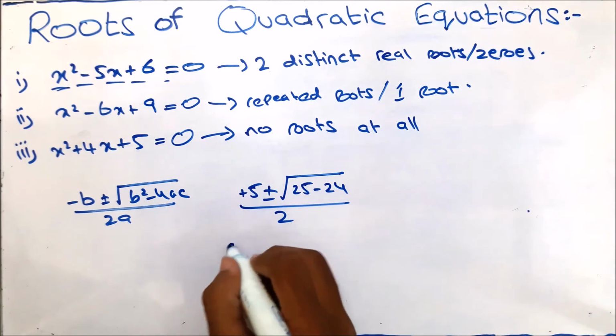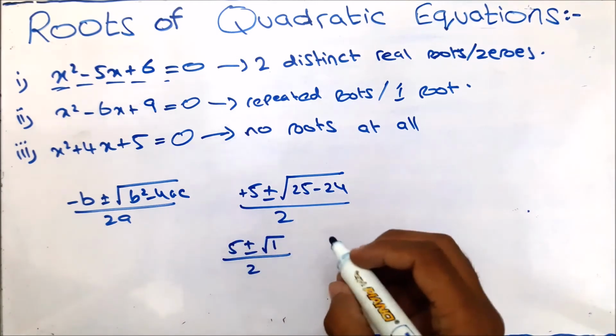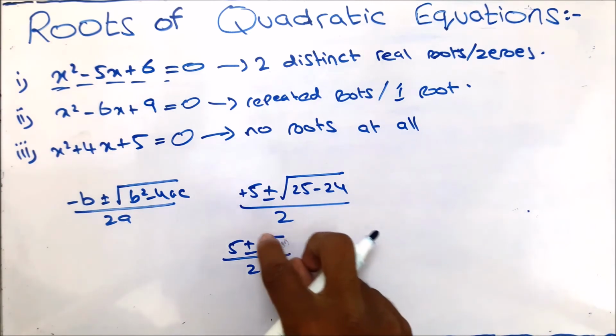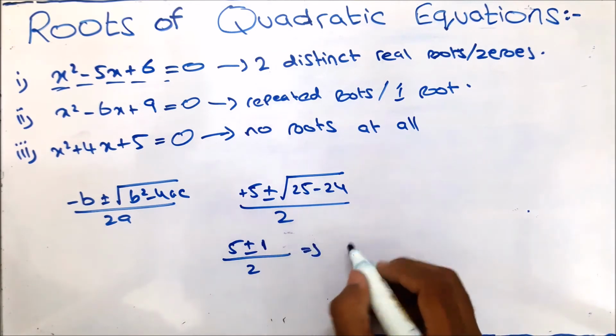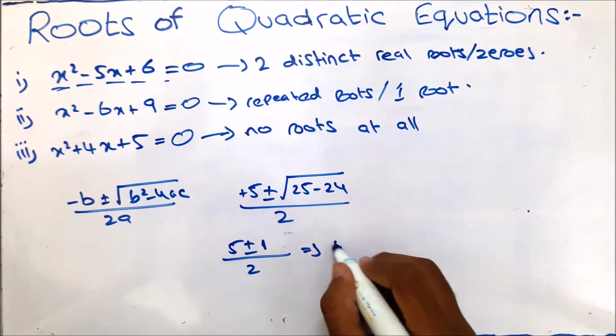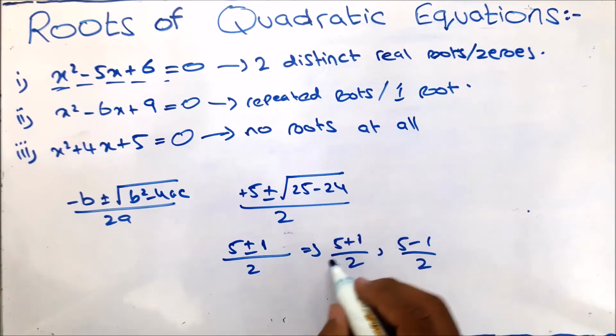When we solve it further, we get 5 plus minus under root 1 divided by 2, and under root 1 is 1, so here we get 5 plus 1 divided by 2 and 5 minus 1 divided by 2.